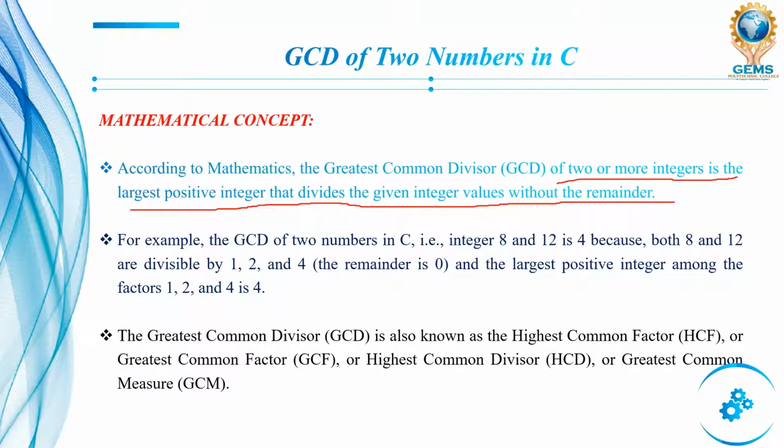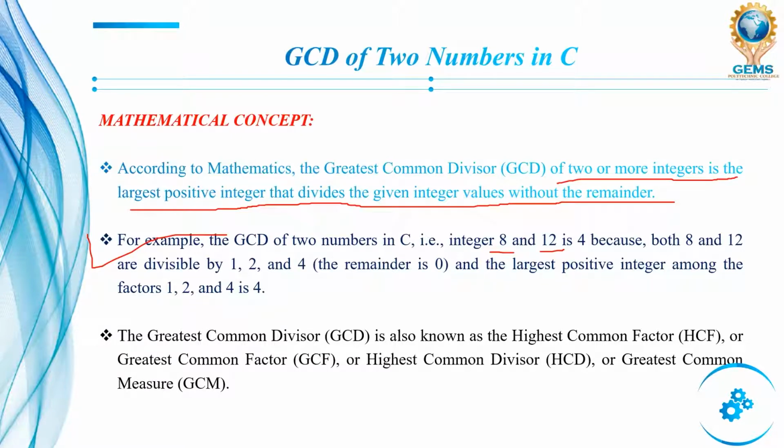So the second point helps you to understand the first point. Here we have two numbers, 8 and 12. Then we have three common factors: 1, 2 and 4. Factors means these two numbers, 8 and 12, will be completely divisible by 1, 2 and 4.